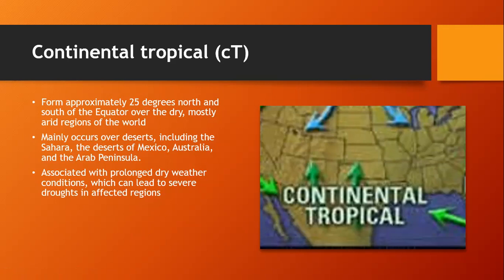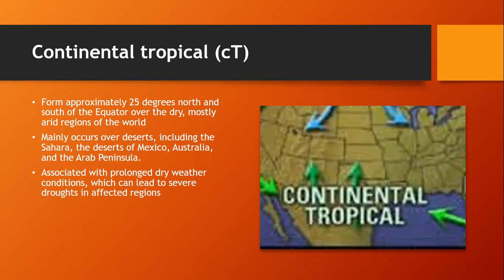They're associated with droughts, and they can cause severe droughts in the regions where they're present, like the Sahara, like the deserts of Mexico, and things like that. So that's the difference between the continental tropical and the maritime tropical.